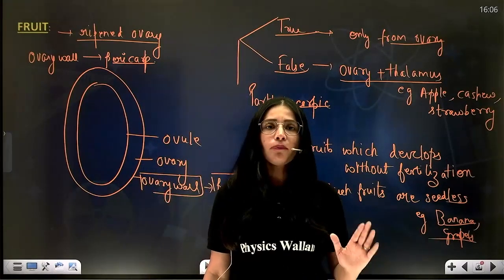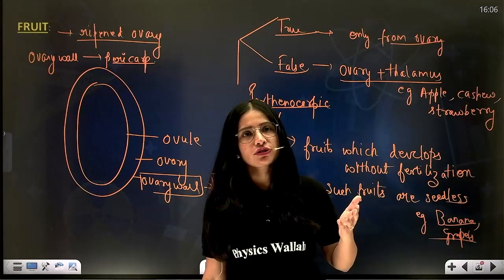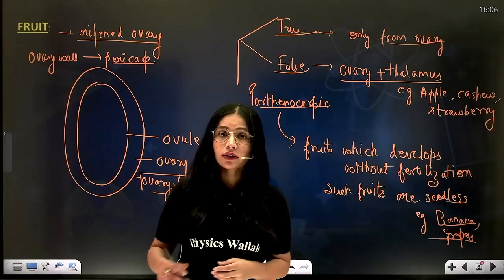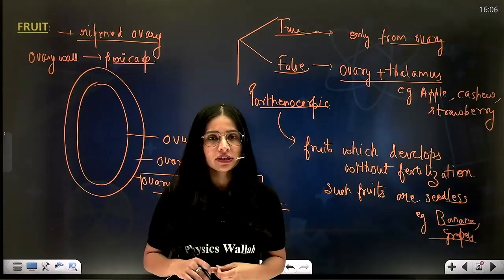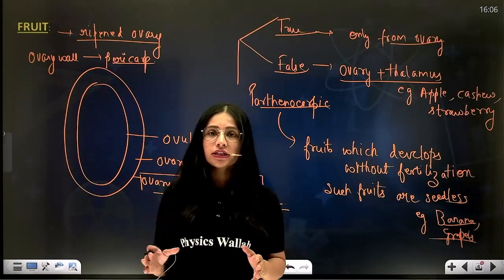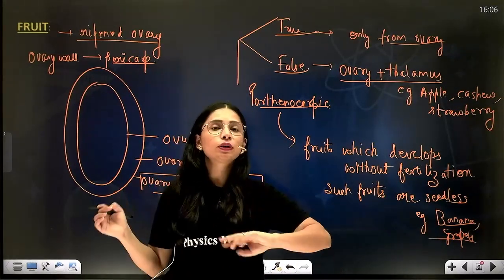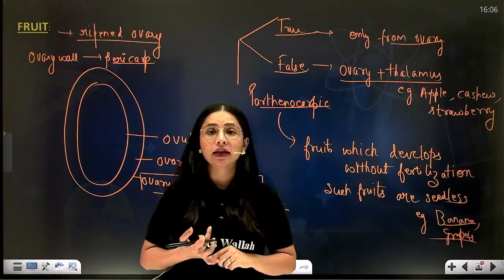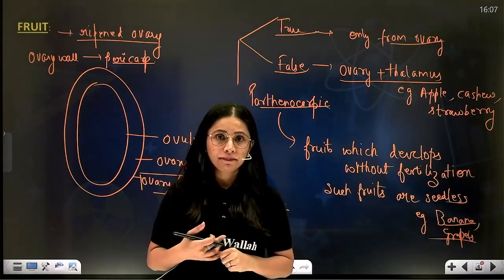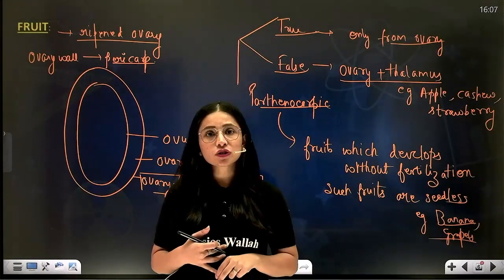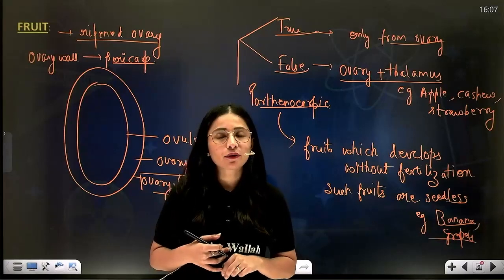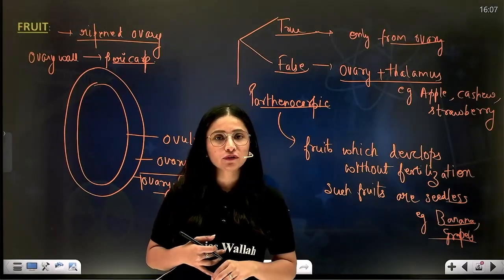Understood? Now, many more fruits are there, fleshy fruits, dry fruits, that you have already done in your class 11th chapter, morphology. For this chapter, the only important things were to know about true, false and parthenocarpic. I hope these two post-fertilization changes are also clear to each and every one of you.